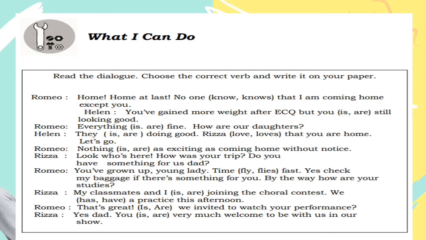What I can do. Read the dialogue. Choose the correct verb and write it on your paper. Let's try the first one. Home. Home at last. No one knows that I am coming home except you.